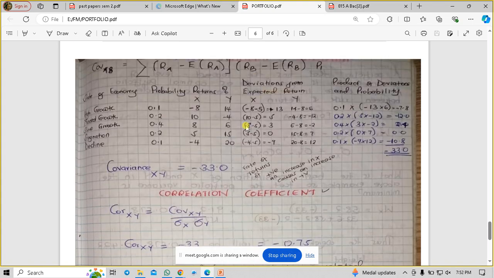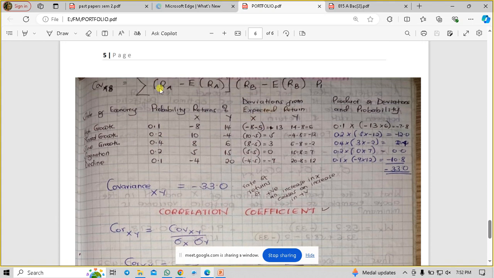For the return of x, we have -8. You see the formula here shows you RA minus ERA.